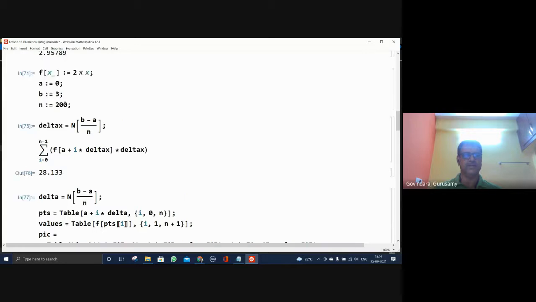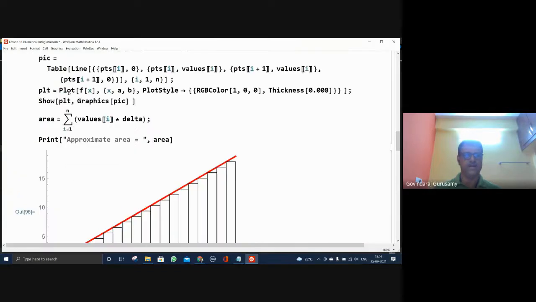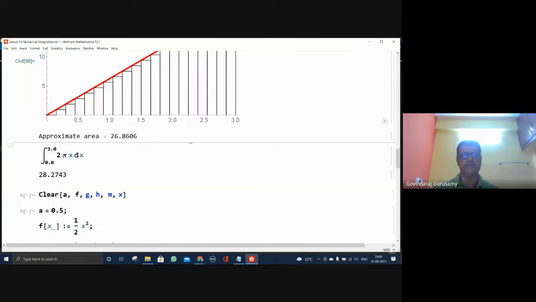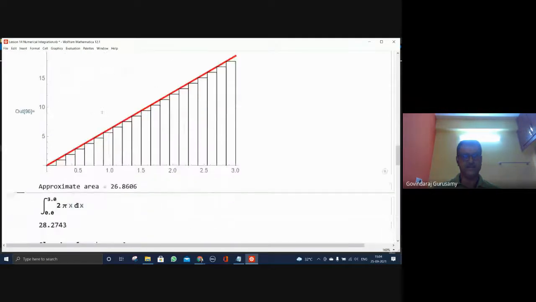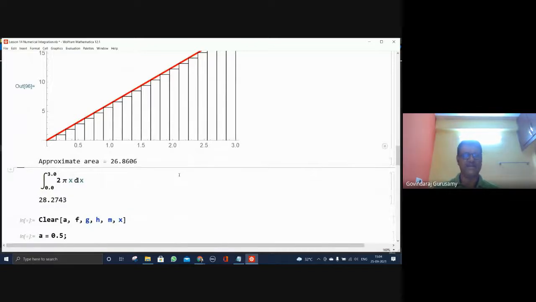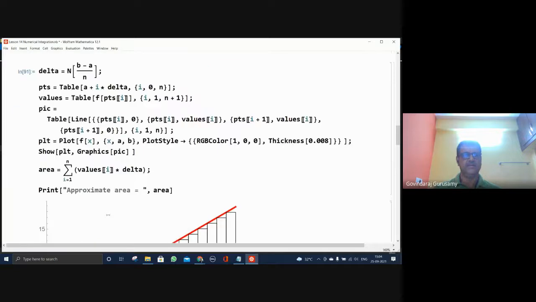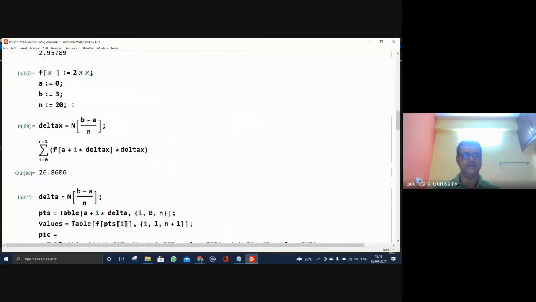Therefore, that shape also matters here. You can see they are going to be quite high here. Okay, which means depending on the nature of the function, the number of iterations also changes when you do simple rectangular summations.